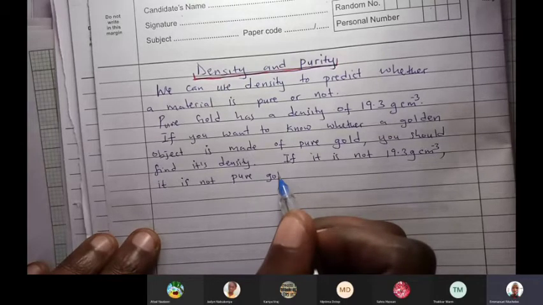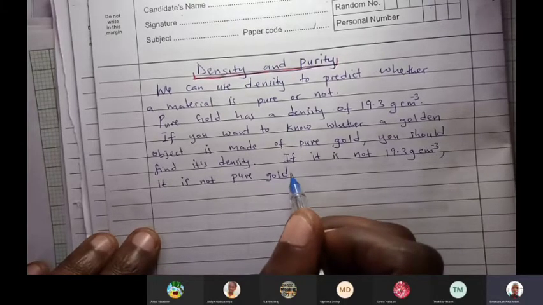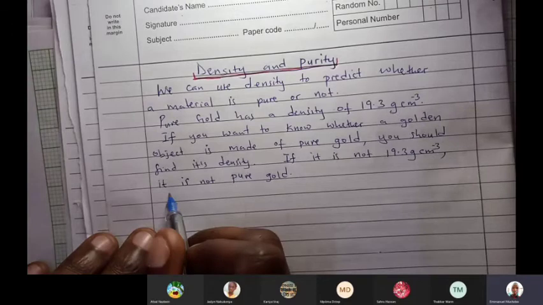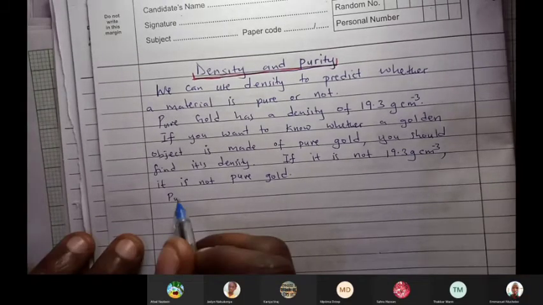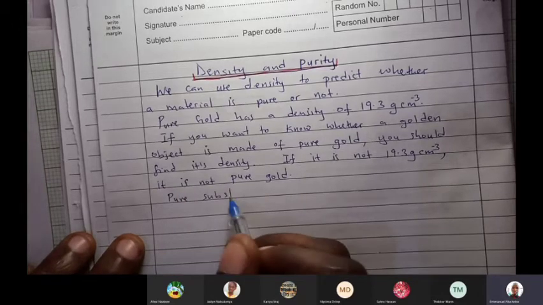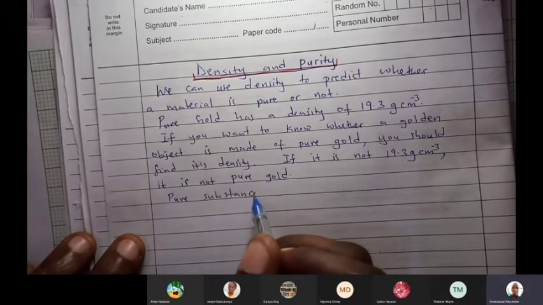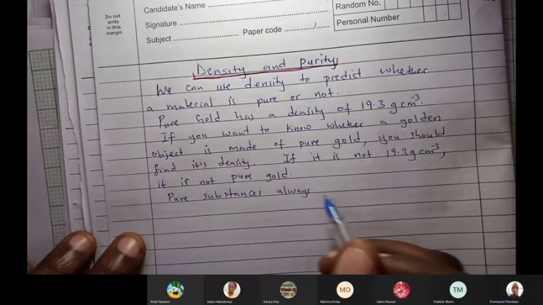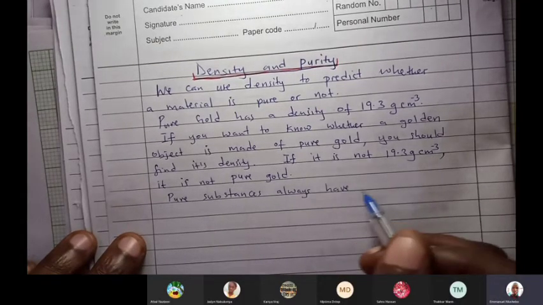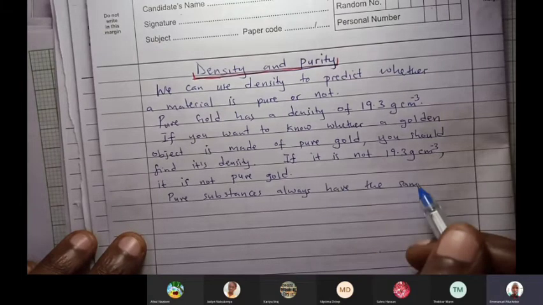You see that? And then finally there we can say that pure substances always have the same density.